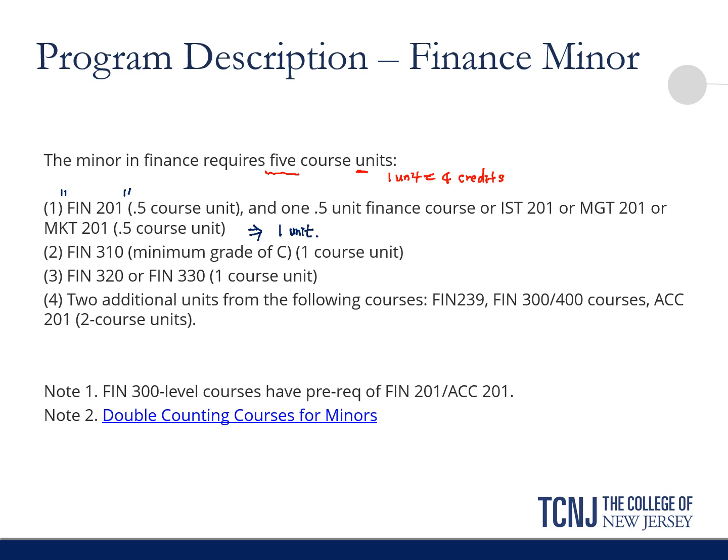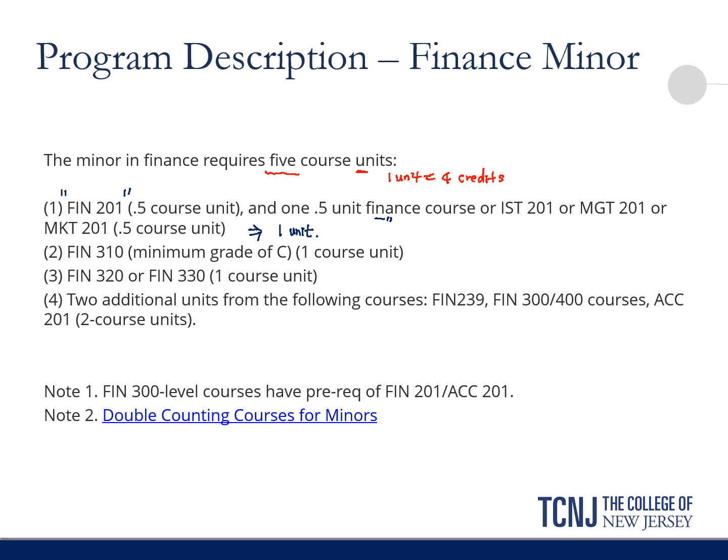Now, one might ask what I mean by one of the half unit finance courses. In the next 2-3 slides, I plan to go over a couple of course instructions and at the same time introduce some of those finance courses. So you can just leave it here, and by the time we get to the finance courses, it's going to make more sense.